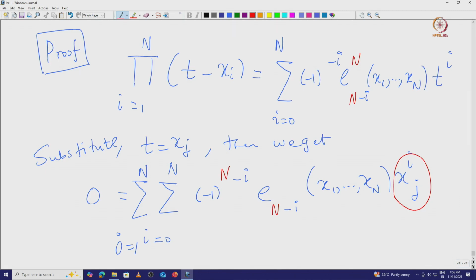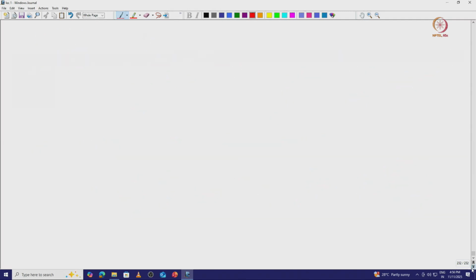If you sum over j, you can easily see that what we have is exactly (-1)^n e_n(x_1, ..., x_n), times 1 plus 1 plus 1, n times.